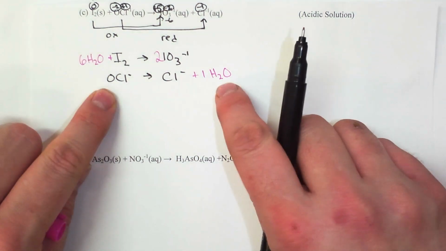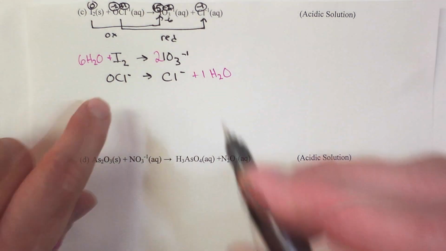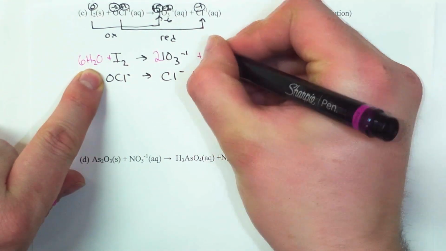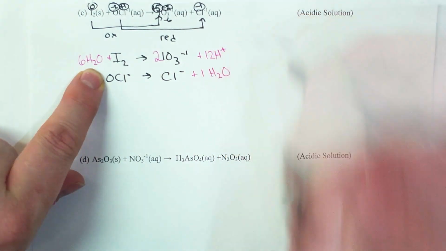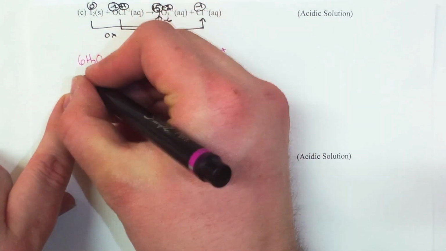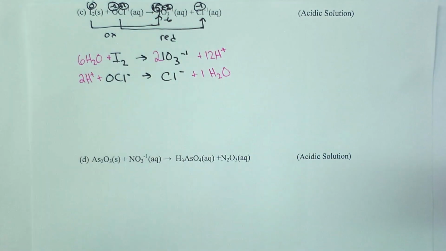We have 1 and 1. Now we'll add hydrogens to counter. So we have 12 hydrogen on this side. So we will add 12 hydrogen to the other side. We have 2 hydrogen. So we'll add 2 hydrogen.